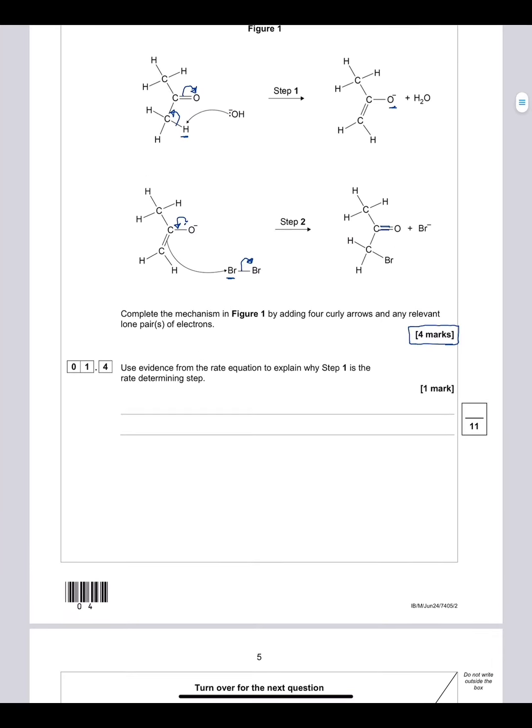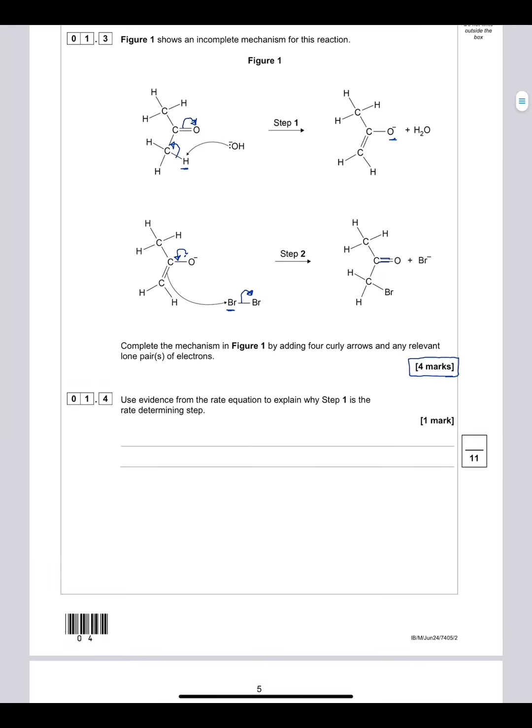And finally, they ask you to use the evidence from the rate equation to explain why step 1 is the rate determining step. Remember that the rate determining step is always the step that has all the species that we can find in the rate equation. Step 1 has these 2 species, the OH and the ketone, and these 2 are in the rate equation.